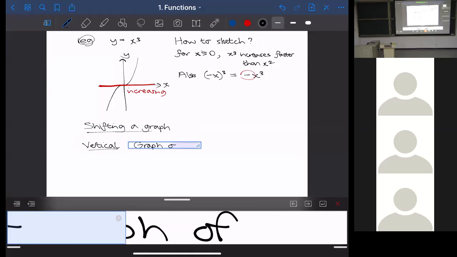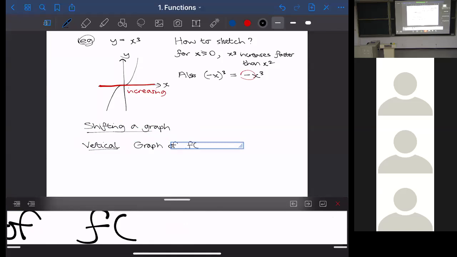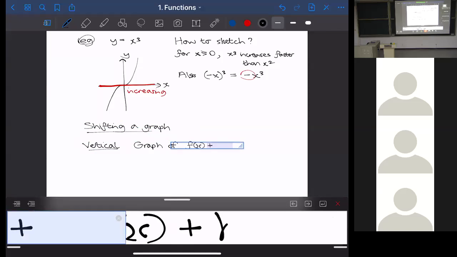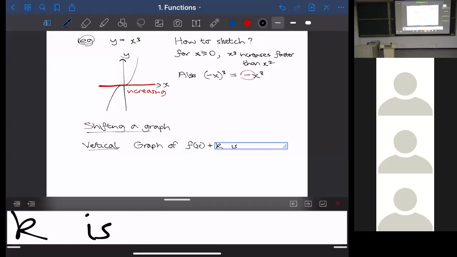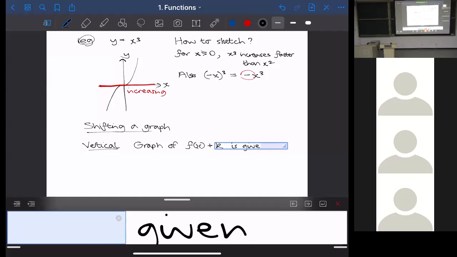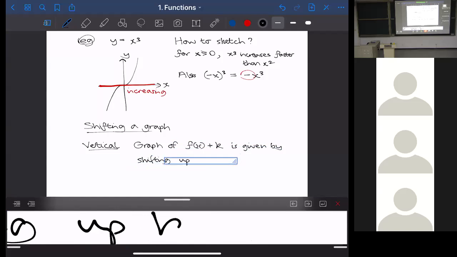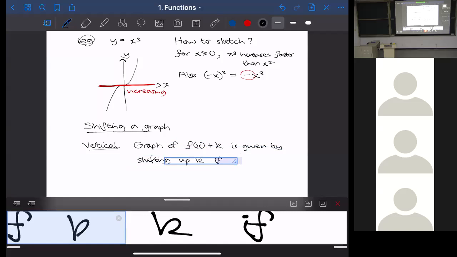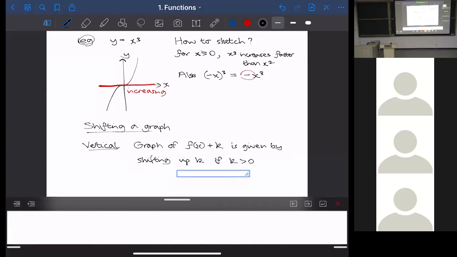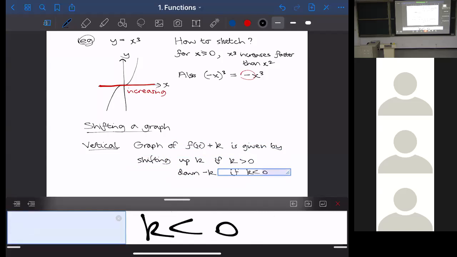So if I have a function f, the graph of the function f(x) plus k is given by shifting up k if k is positive, and down minus k if k is negative. And of course, if k is 0, it does nothing.